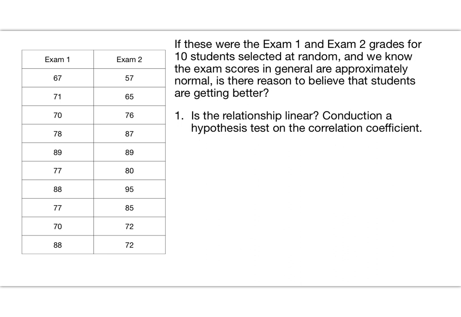All right, so now we're going to actually go to this idea. Is the relationship linear? So is the relationship linear? We're going to be conducting a hypothesis test on the correlation coefficient.